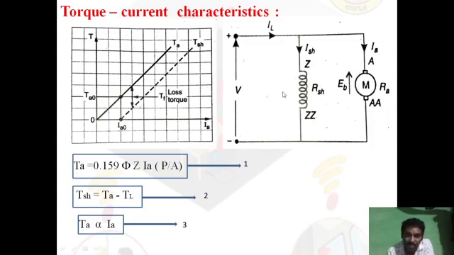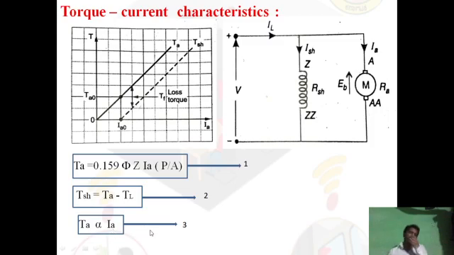So the flux produced by the poles can be considered constant. Z, the conductors, is constant. P by A, the number of poles, 2, 4, 6 and so on, is constant, and the number of parallel paths is also constant. If you remove all those constants, you get a directly proportional sign mathematically. Therefore the torque developed at the armature is directly proportional to Ia.